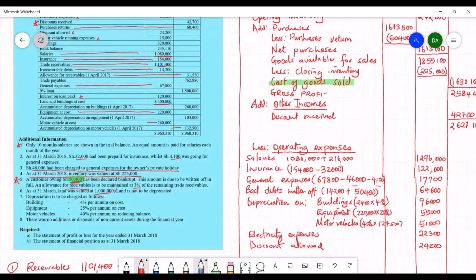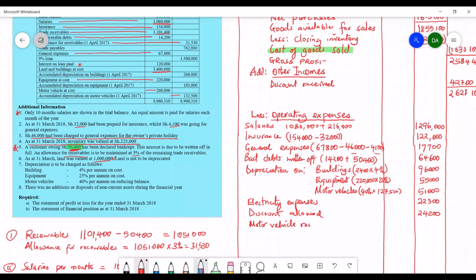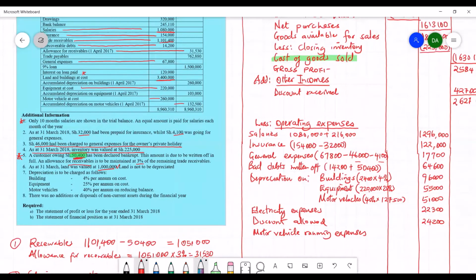That is followed by motor vehicle running expenses, which is equal to 15,800.